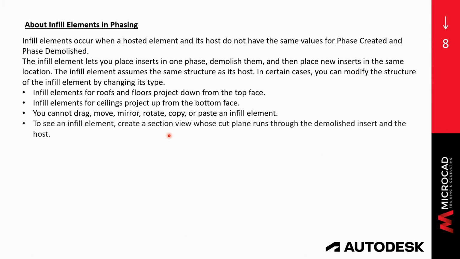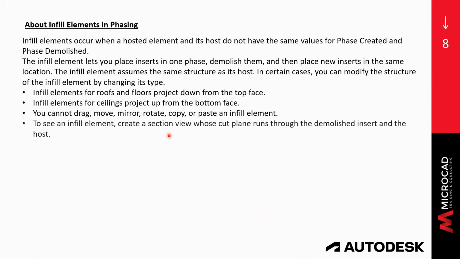You have a different phase between the host and the inset element, and then you can place, which is something that usually Revit doesn't allow you to do, a new window on top of that infill element.